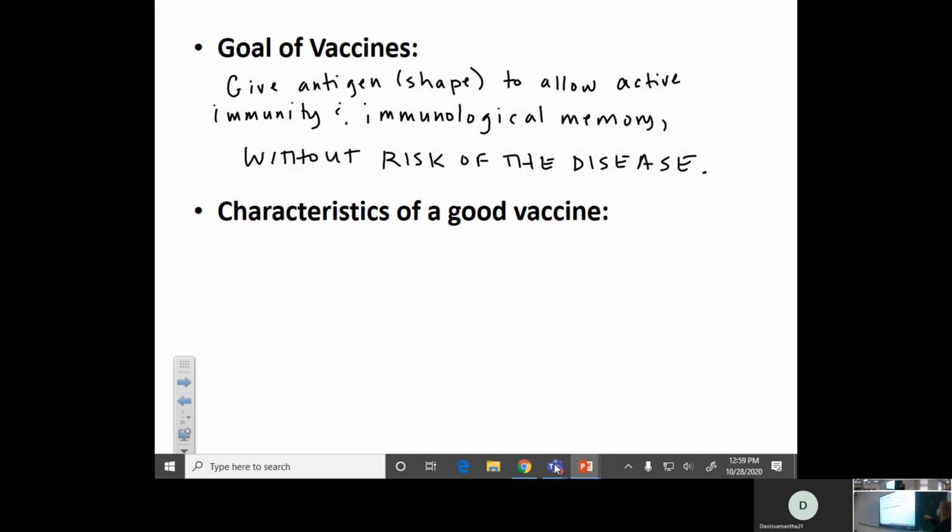So back in smallpox days, smallpox would kill at least 30% of the people that got it, which is just staggering. The old school cowpox vaccination might kill 0.3% of the people. Like 100 times safer than getting the disease.